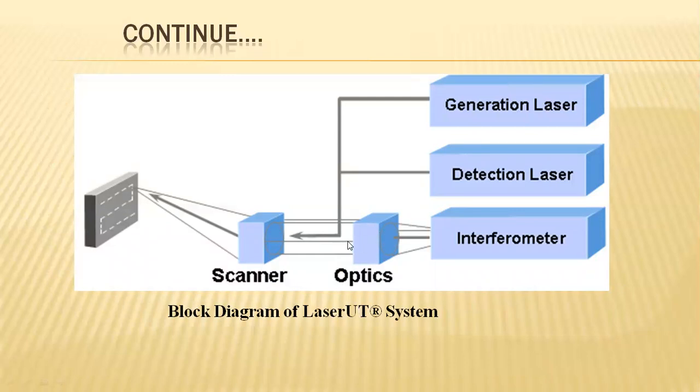These are the objects that will be identified. These are the scanners, and the generation of the laser and its detection, with an interferometer placed for optics, generating these signals towards the scanners and identification of the entire pictorial representation or dynamic motions of the composite as it progresses.